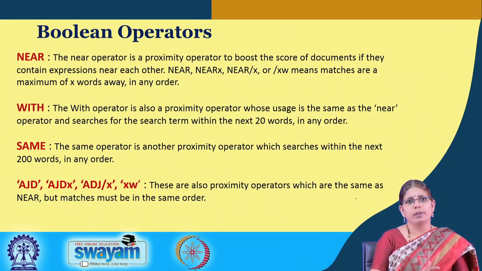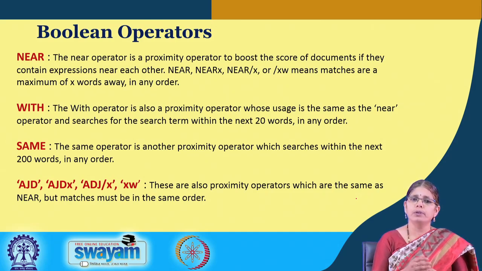Additional Boolean operators are used in many databases, which include terms like near, with. Many a time, in areas such as predictable art or unpredictable art, certain terms are used close by, because that is the way it is represented in a particular technical area.